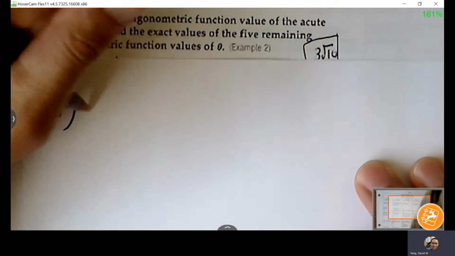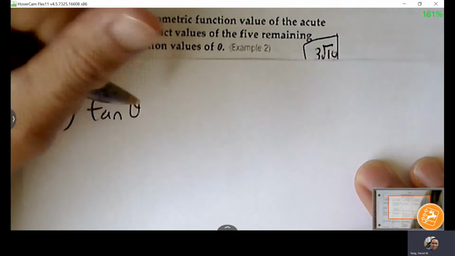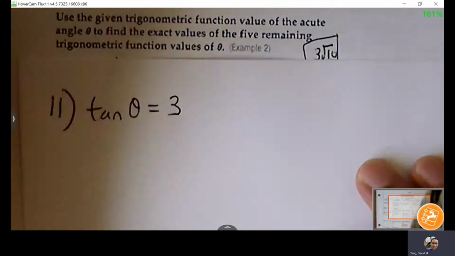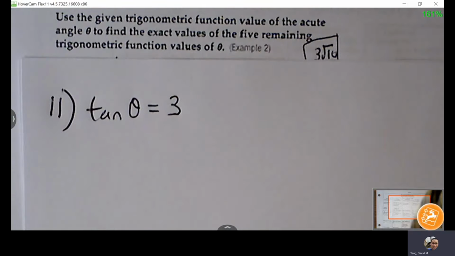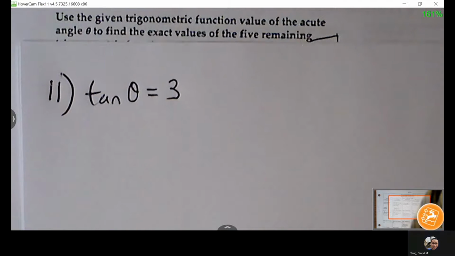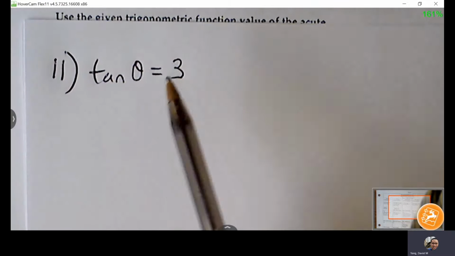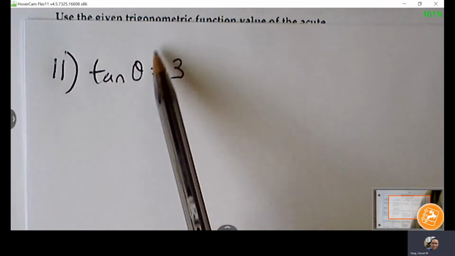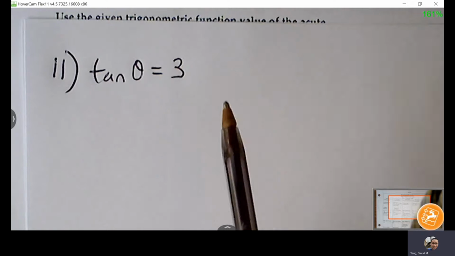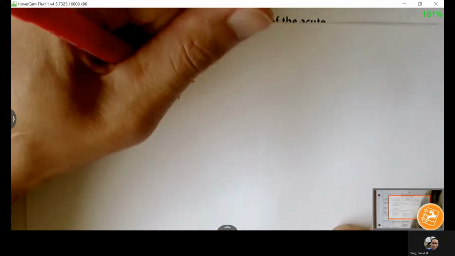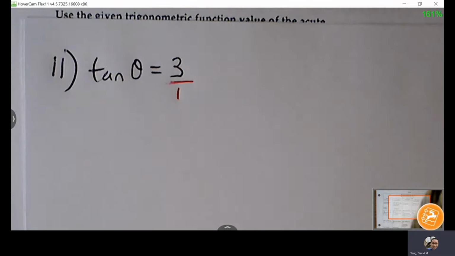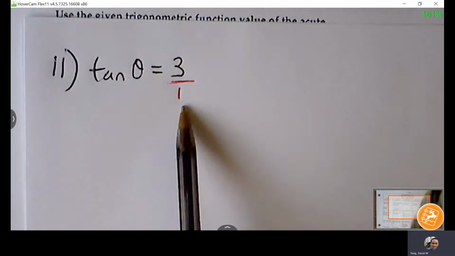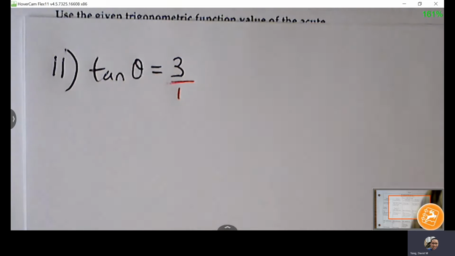So 11 is tangent of theta is equal to 3. We can think of that 3 as a fraction, right? It doesn't look like there's a fraction here, but really you can treat any whole number as having a denominator of 1. 3 over 1. If you can see that numerator and denominator, it's a lot easier to draw your triangle.